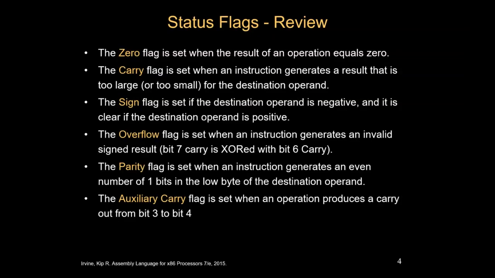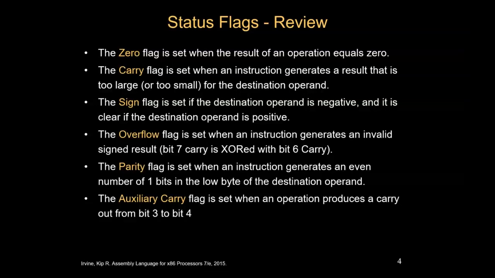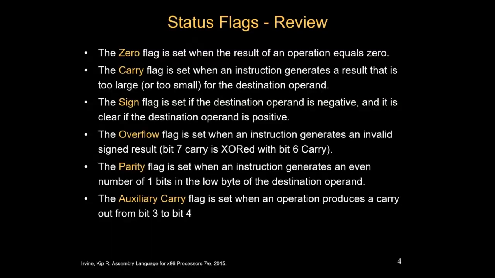When we say it's clear, it means it's 0. When it's set, it's negative. For example, when we say 2 minus 3, it gives us negative 1, which will trigger the sign flag. And if you say 2 plus 2, or 5 minus 3, the destination operand is positive, so it is clear, which is going to be 0.